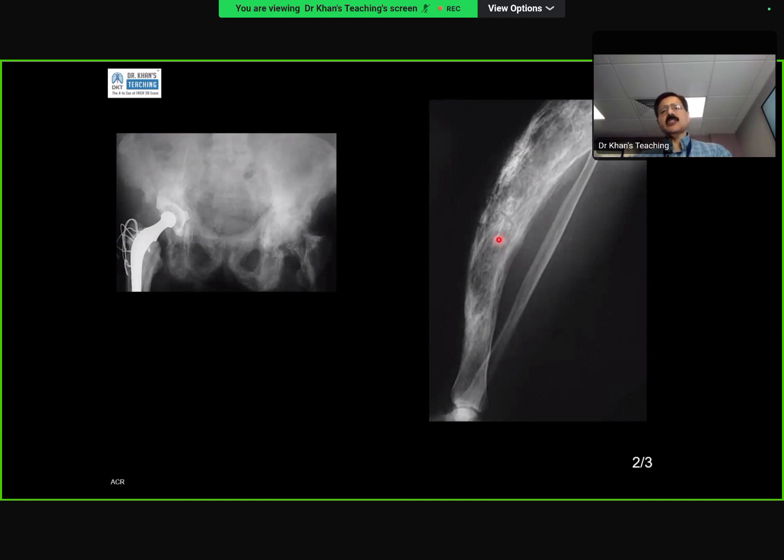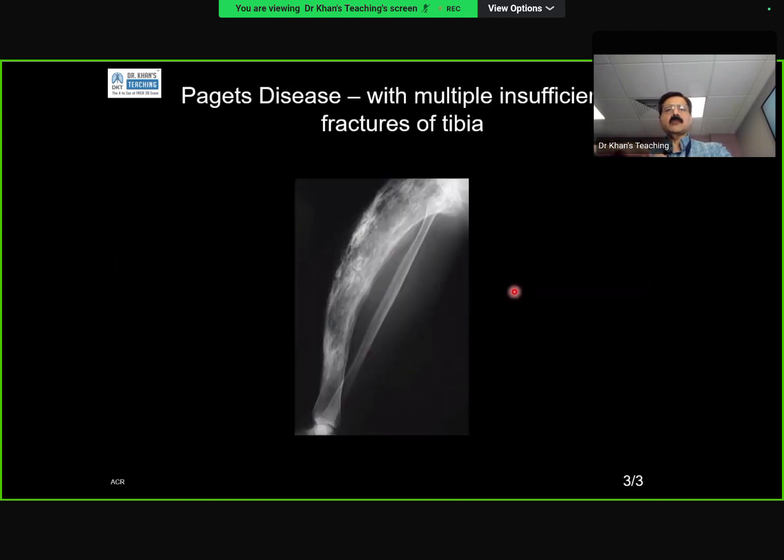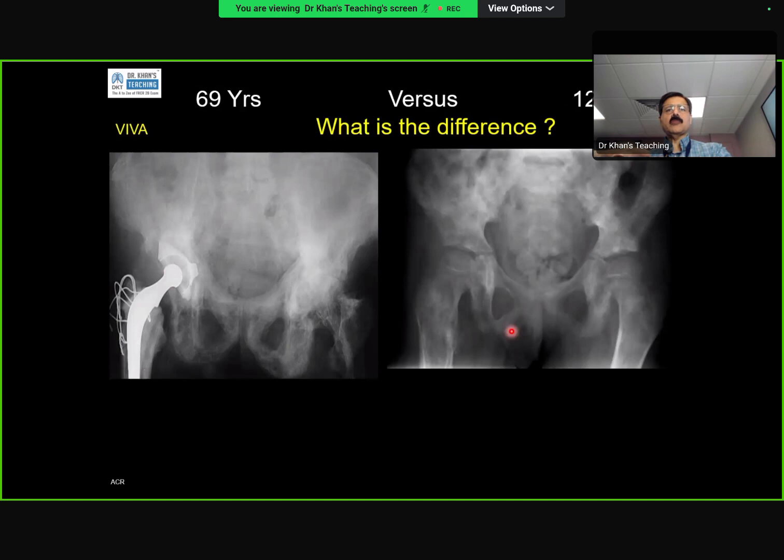So this is an insufficiency fracture, and one of the fractures which you will see is an incremental fracture. It is not a complete fracture, it is just part of the anterior cortex that is involved. It can convert into a full-blown fracture, but right now it is an incremental or incomplete fracture. This is multiple insufficiency fractures of the tibia.